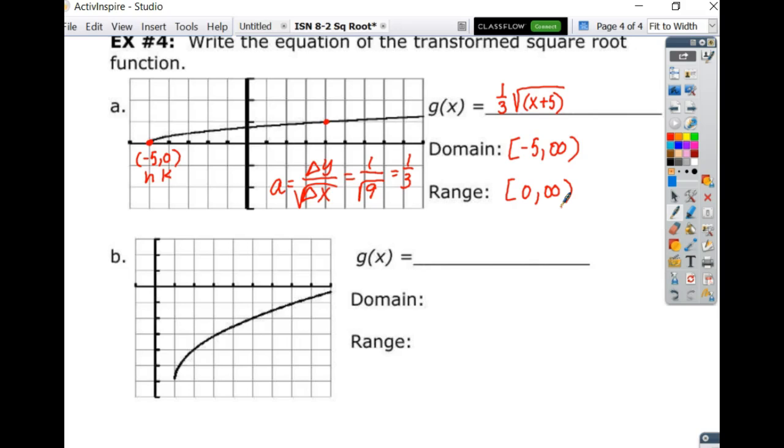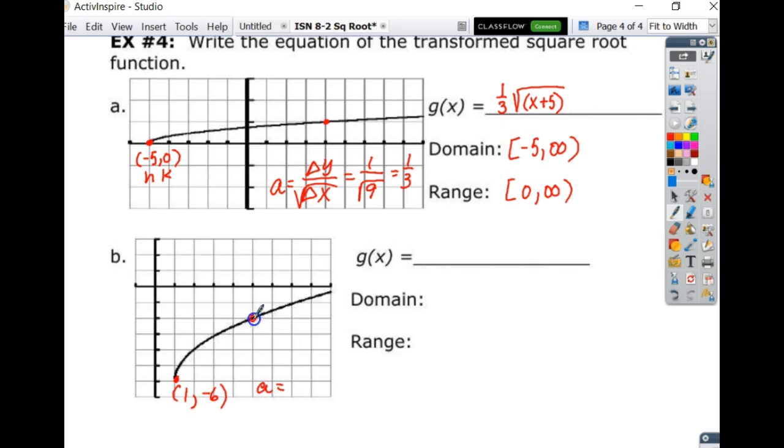Okay, B. Is this faced the correct way? It's faced the correct way, so there's no negatives. So next, find your vertex, which is right here. Is it -6? Okay. So next I have to find the A value.